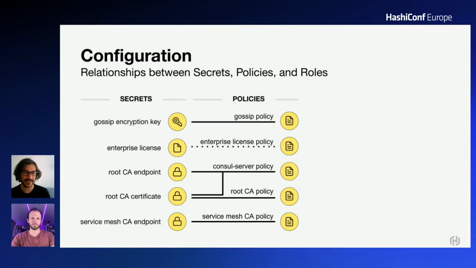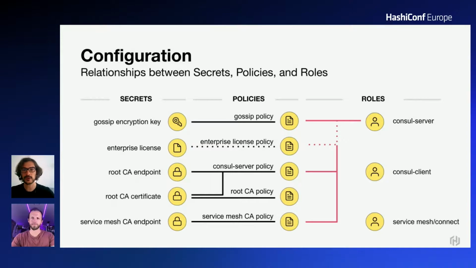Next, we want to generate a policy for access to the root CA certificate. And last but not least, we need to be able to create the endpoint and generate the prerequisites for the service mesh to be effective. So we're going to create a policy for setting up that environment.